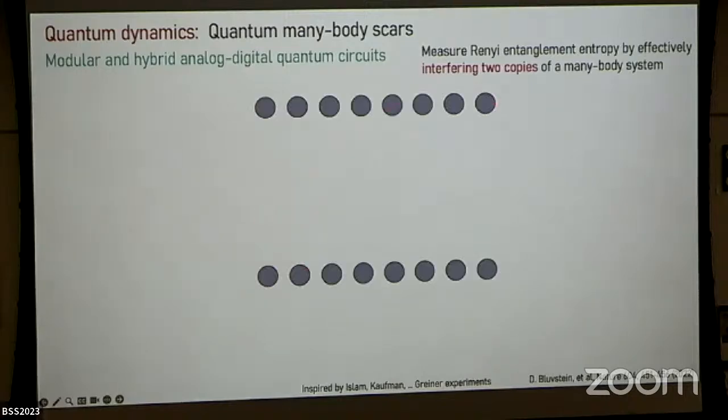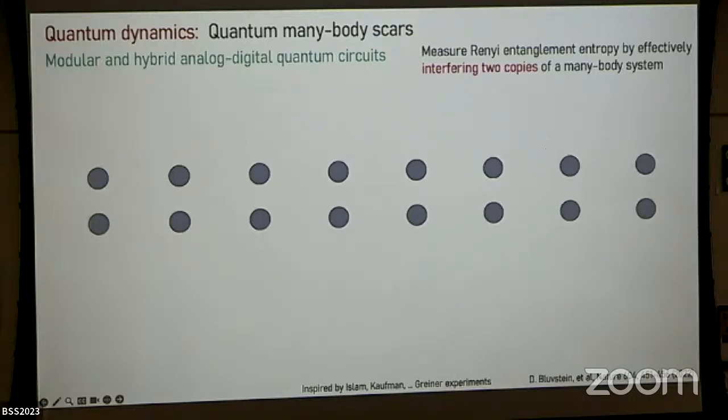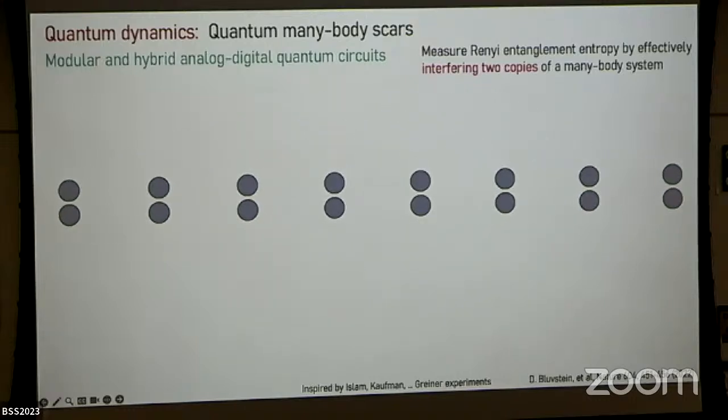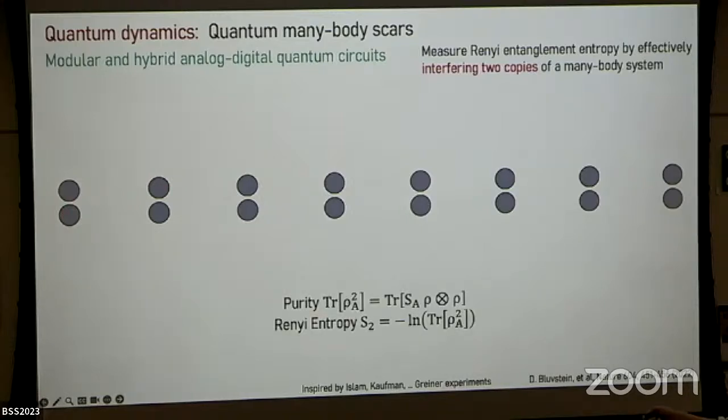We prepare 2 copies of our 1D array. We have some many-body Hamiltonian happening. And then we move the 2 copies close to each other. Now they're not interacting anymore within the 1D array, but they're interacting in pairs with their twin atom. What we want to measure is this Rényi entropy that basically corresponds to measuring a swap operator between the 2 twin atoms.